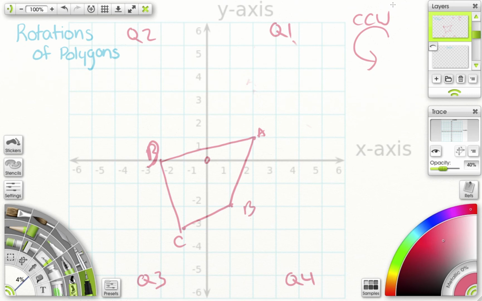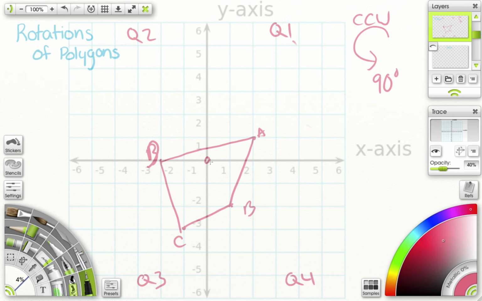I find it works best for shapes that overlap in the origin. It does work for shapes that are just freestanding somewhere inside of a quadrant. However, again, it can be kind of tricky. So here's my trick. Let's say we're doing a 90-degree rotation counterclockwise.